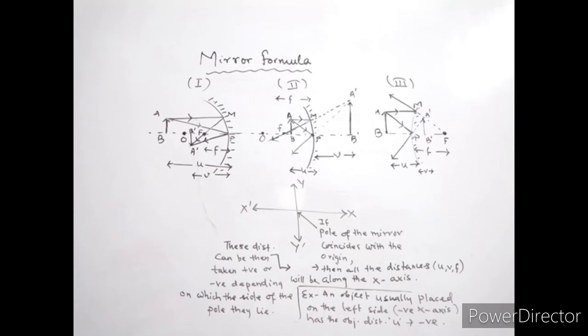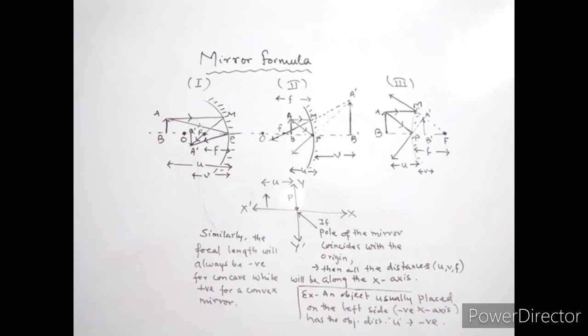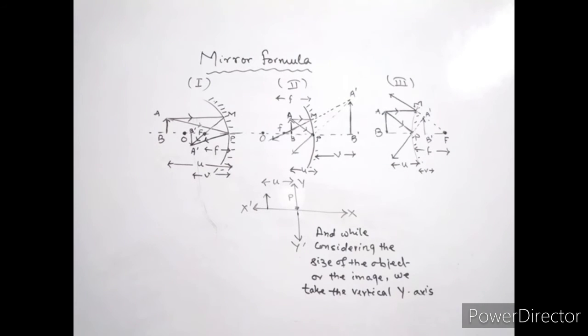When do we take them as negative or positive? We'll be approaching that in a short while while deriving the formulas. Similarly, the focal length will always be negative for a concave mirror, while it will be positive in case of a convex mirror, because the focal length is towards the right in case of convex, so obviously the positive x-axis.